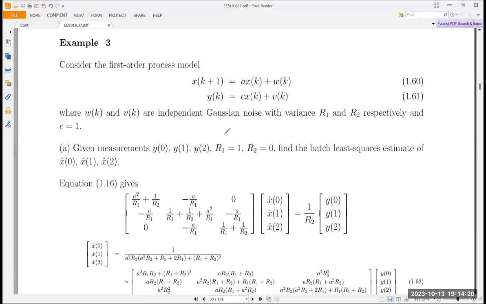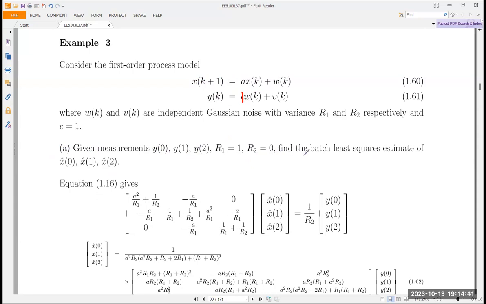Then also very easy. C is 1, so this is 1. All right, I tell you measurement at midnight, 1 o'clock, 2 o'clock. Then R1 is 1. R2 is 0.